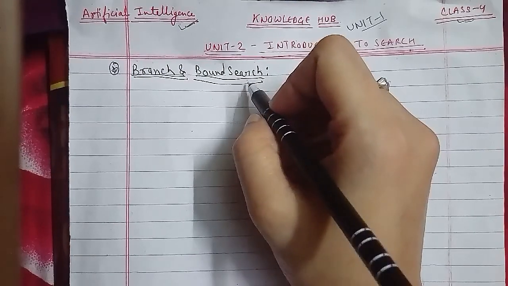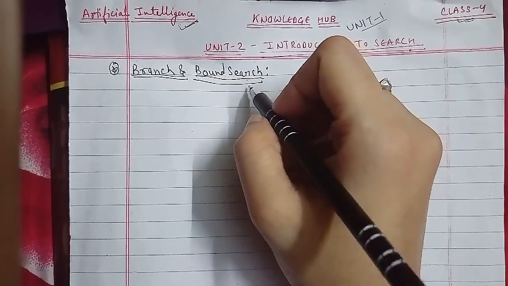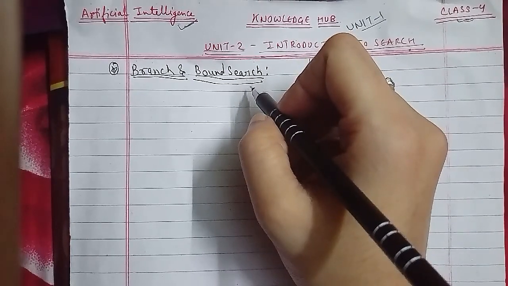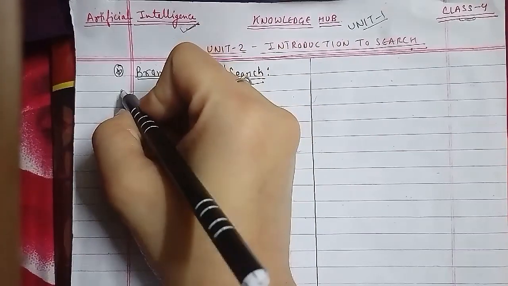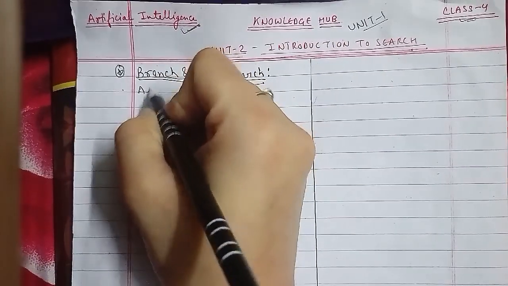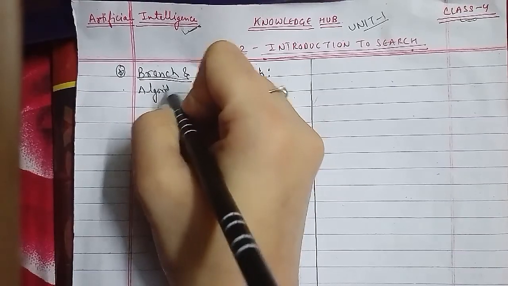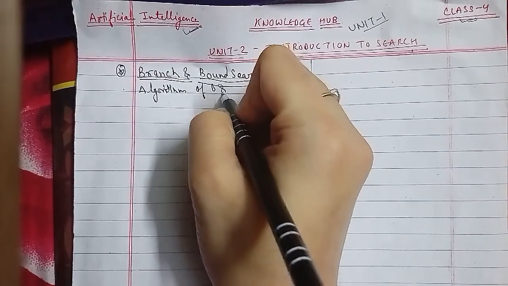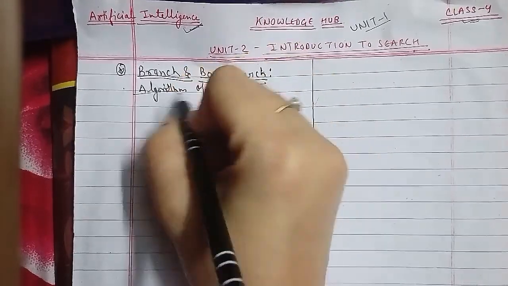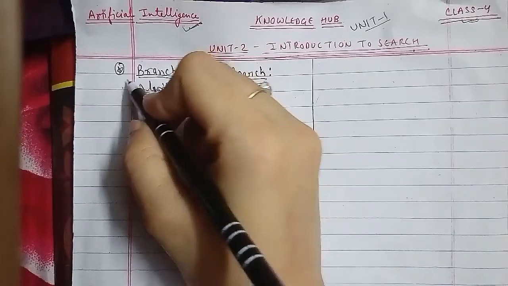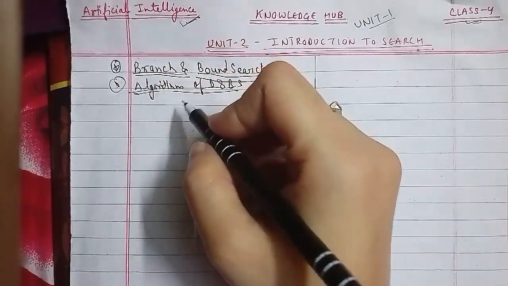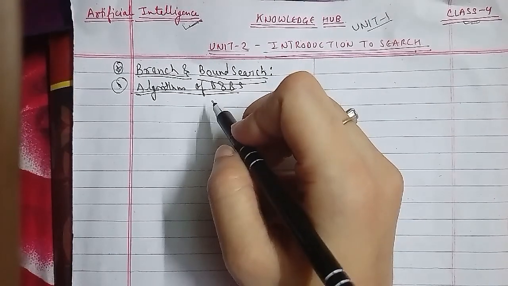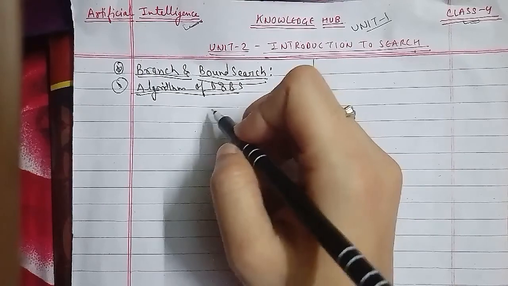Next, I will discuss the branch and bound search algorithm. So, the algorithm of branch and bound search is what we have to discuss here. In the first step, you have to place the start node of zero path length on the queue. Until the queue is empty or the goal node has been found, you have to determine if the first path in the queue contains a goal node.